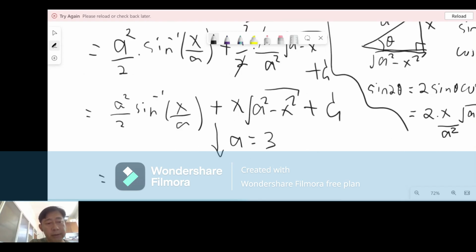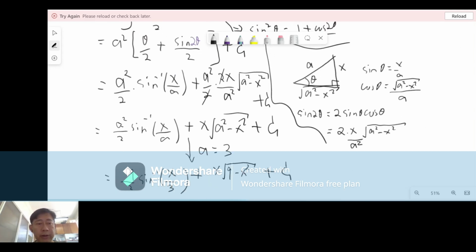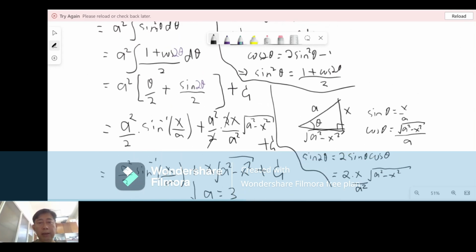That would then give me 9 over 2 arcsine of x over 3 plus x times square root of 9 minus x squared plus a constant of c. I'm sorry, I think I was making a mistake while performing the integration for the term cos 2 theta over 2.